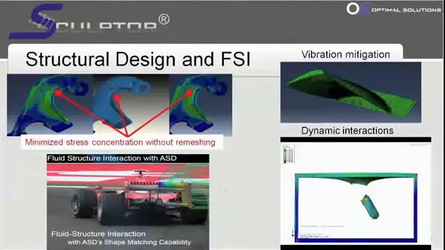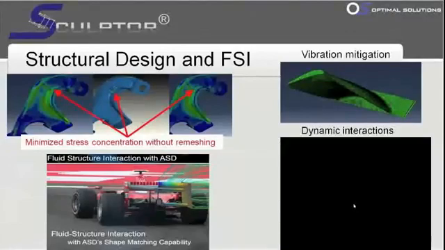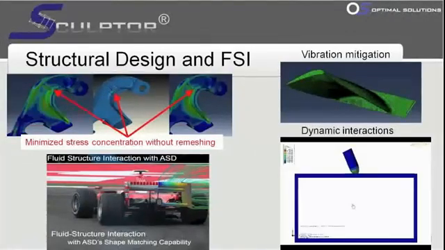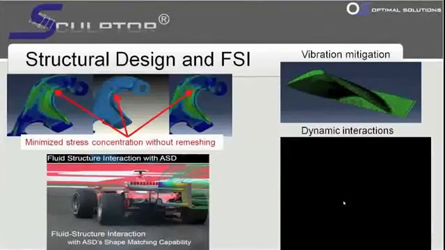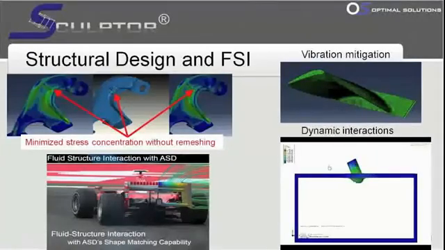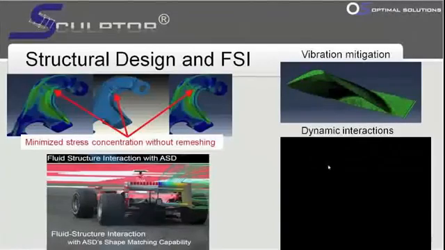In structural design, using finite elements, we can help minimize stress concentrations or mitigate fracture mechanics and things like that. We could also help mitigate vibrations, such as changing the shape slightly of a turbine blade so that it does not vibrate at a resonant frequency.